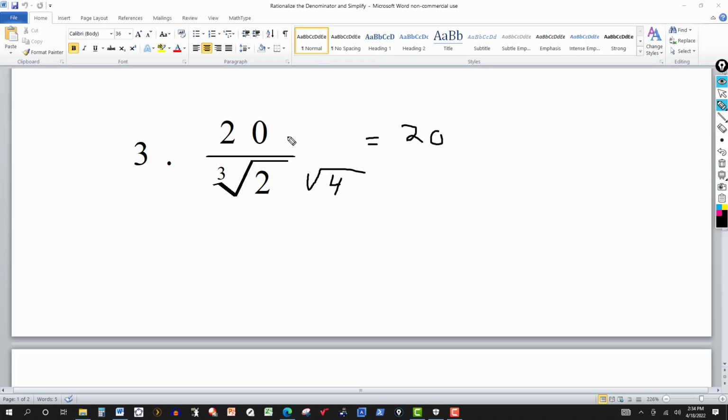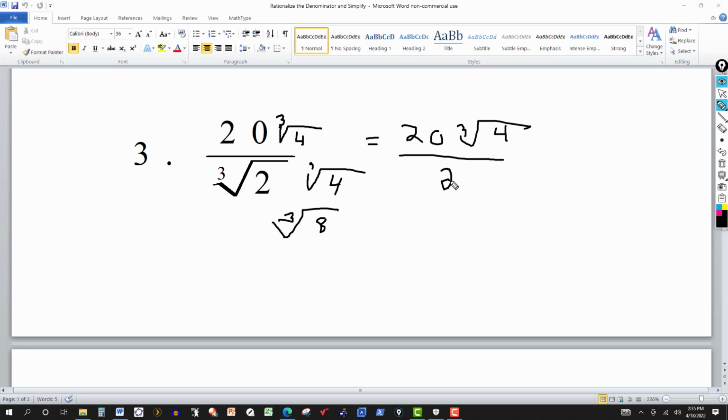And of course we're going to multiply on top also by the cube root of 4. Multiplying these out will give us the cube root of 8, and of course that's a perfect cube.